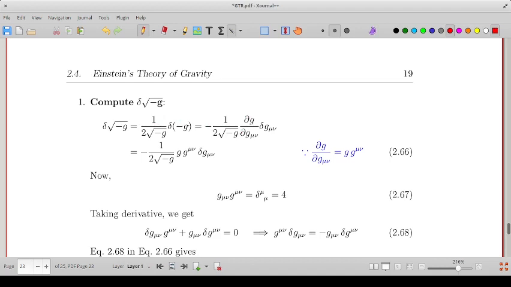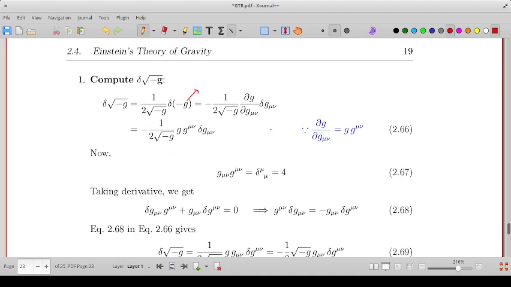Then g is the determinant of the metric tensor, and therefore it is a function of the components of the metric tensor. So I take the derivative of the determinant with respect to g mu nu first, and then multiply it with the variation in the components of the metric tensor.